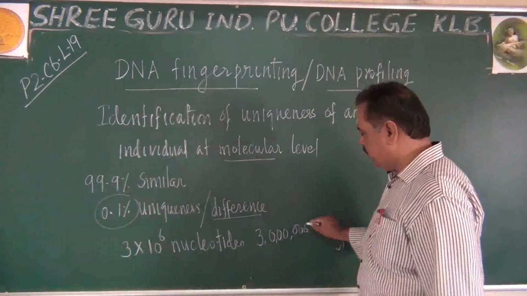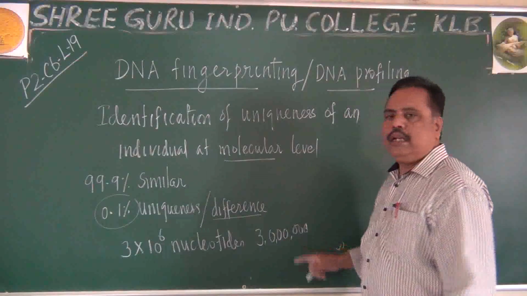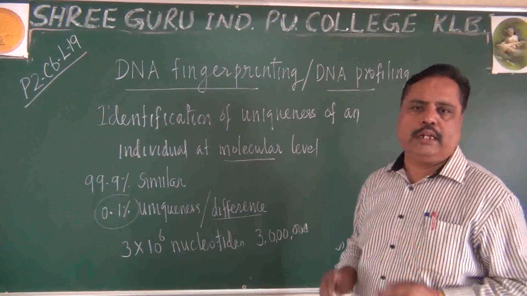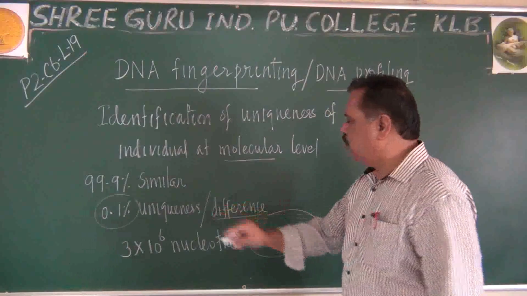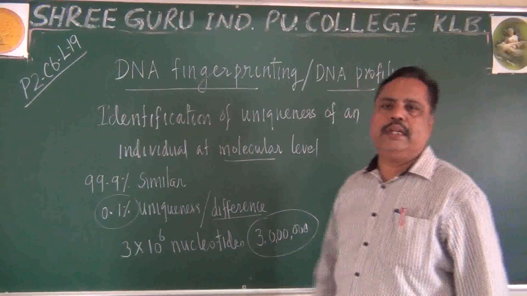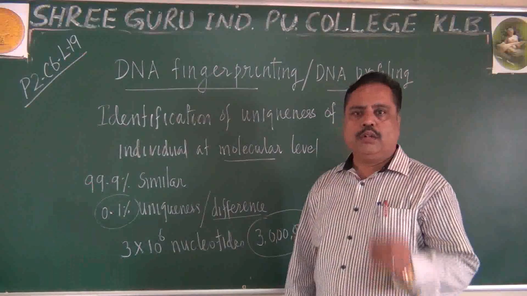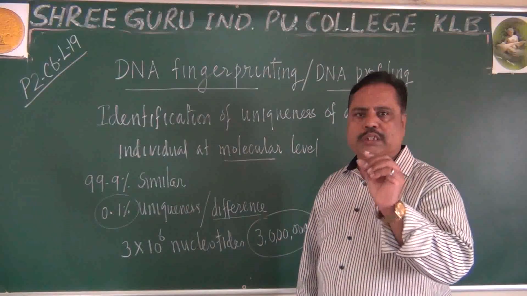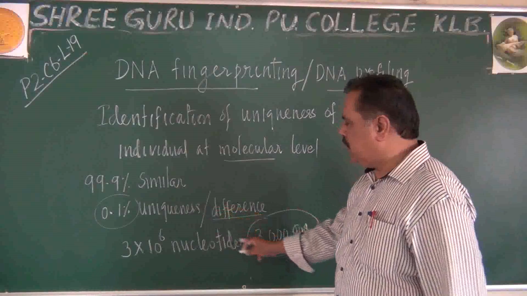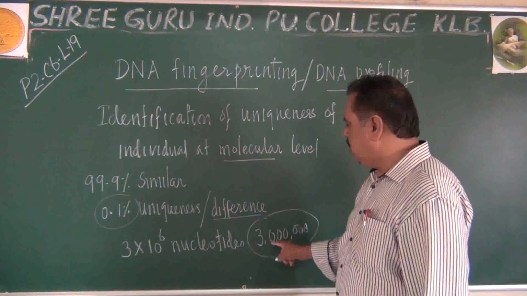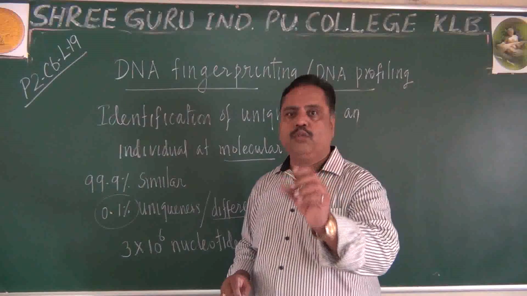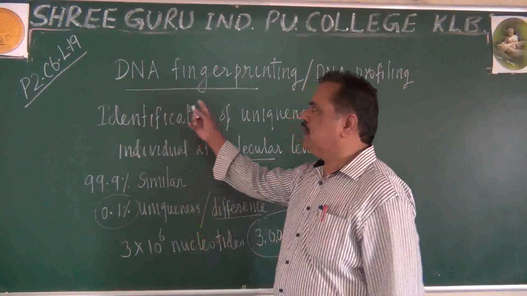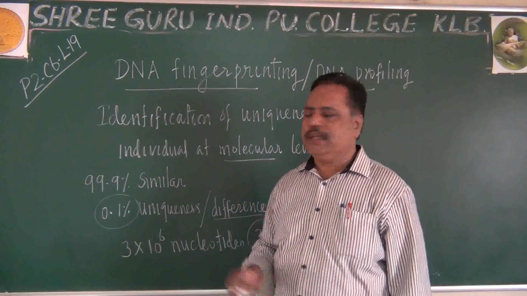That indicates 30 lakhs of nucleotide differences. Identifying this 30 lakh of nucleotide is called DNA fingerprinting. So it becomes a very cumbersome project or very complicated project. How to identify the 30 lakhs nucleotide, that becomes the process of DNA fingerprinting.